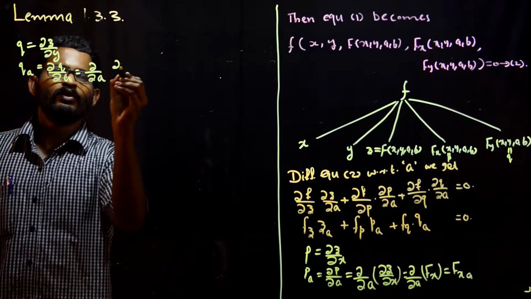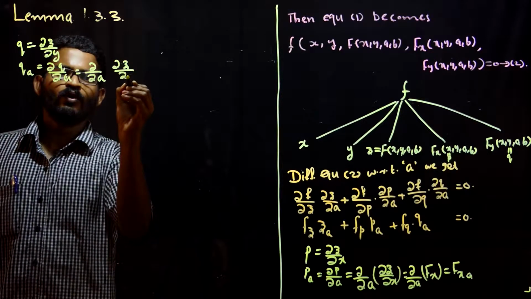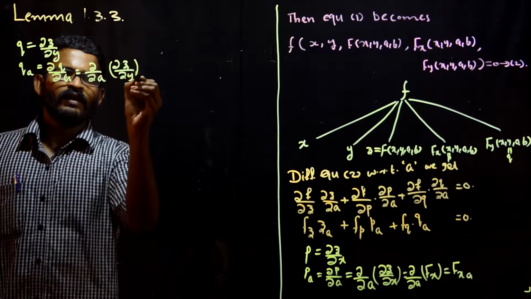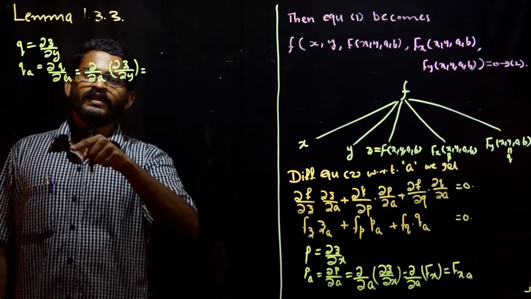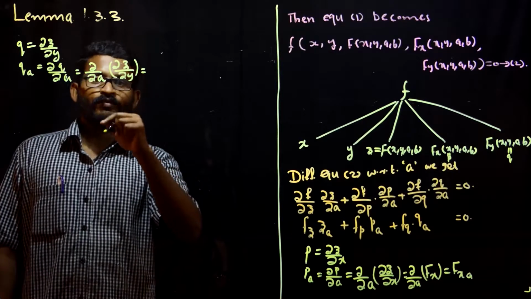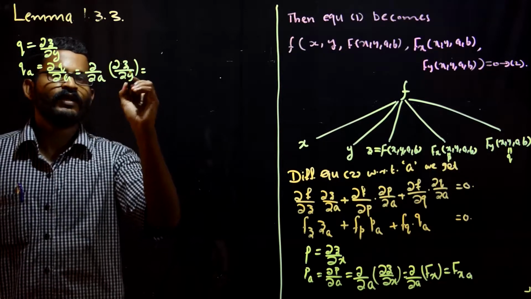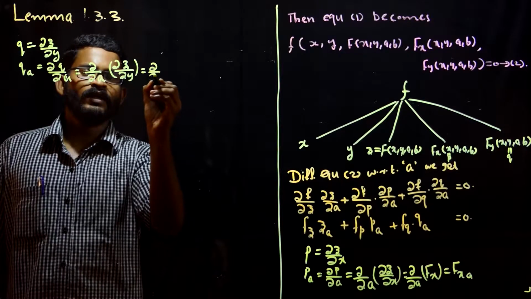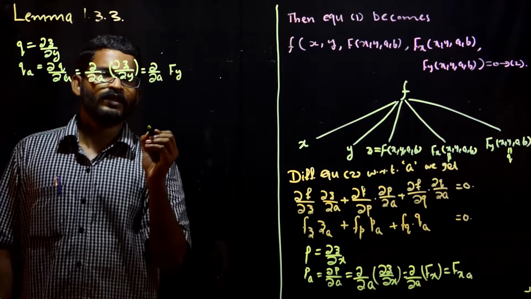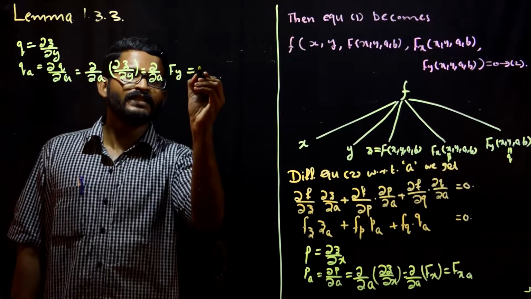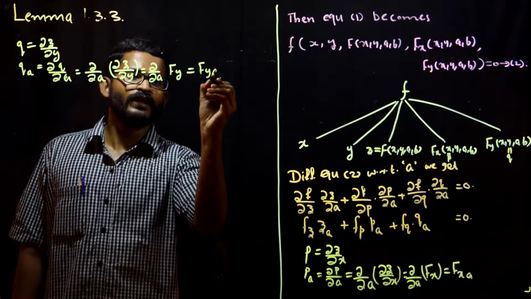Q is ∂z/∂y, and we know ∂z/∂y is f_y. It is ∂/∂a of f_y. So this can be written as f_ya.